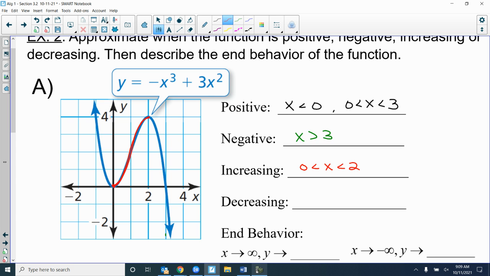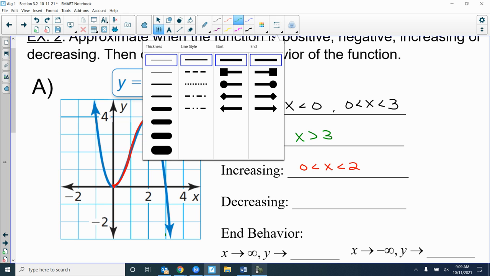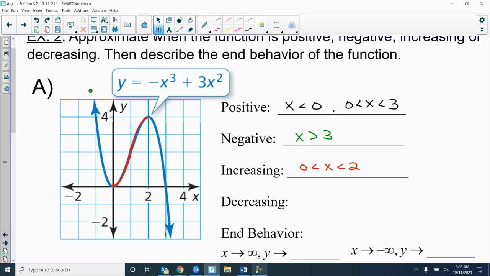Okay. Is it decreasing anywhere? It is. Now, this is hard because you have to think about going from left to right. This is going downhill, right? This is decreasing till I get to that point there. Then it goes increasing, then back decreasing. How do I list those intervals where it's decreasing?